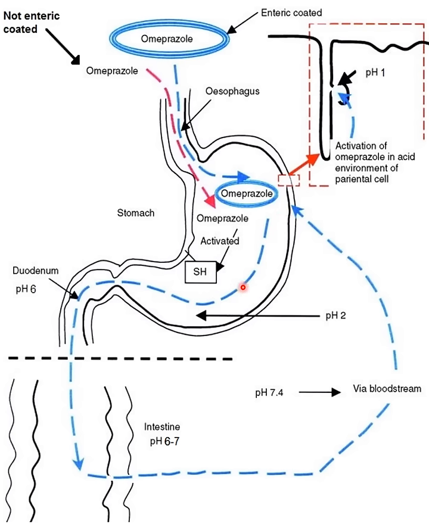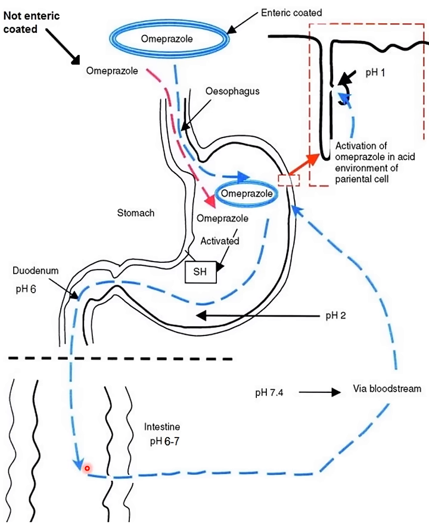So at pH 2, which is less than 4, they're not activated, and they go through the duodenum. The duodenum here, pH is 6, and then it's after they pass through the stomach that this coat is removed, and then the omeprazole or whatever proton pump inhibitor is actually released.